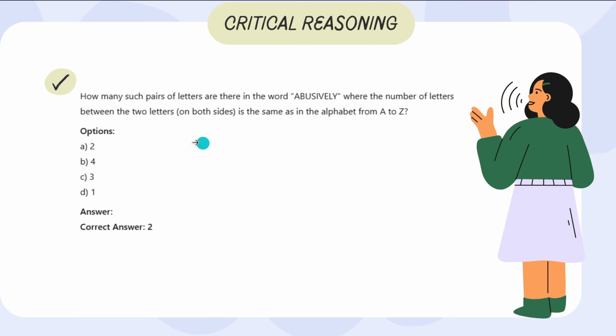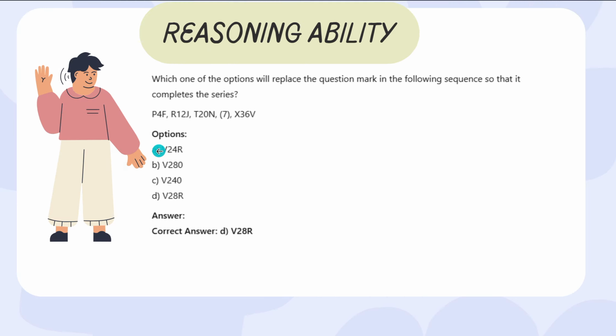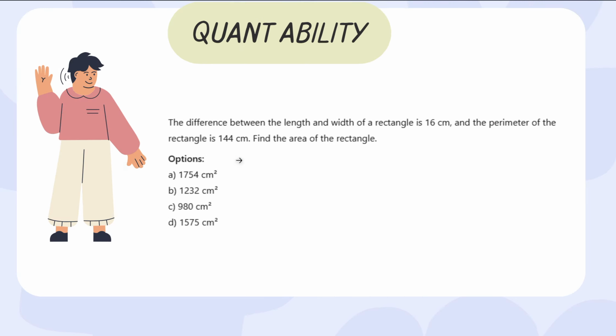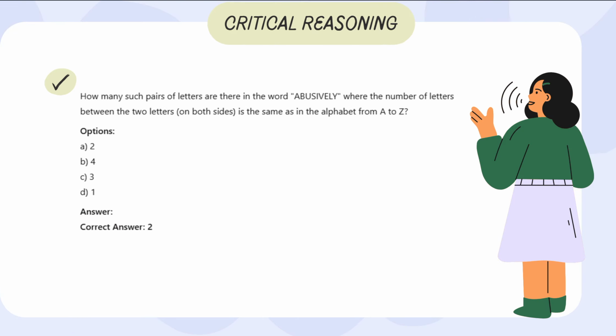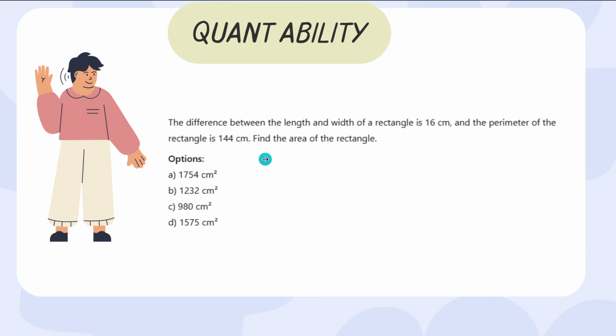Now the question is, you have to find the number of pairs in a word where the number of letters between the two letters is the same as in the alphabet from A to Z. Now in such ways there are 2. That means there are 4. The correct option is 2. There are 4 ways. Sorry. Okay, there are 4 ways. I hope you got this question. Now let us dig into another question.